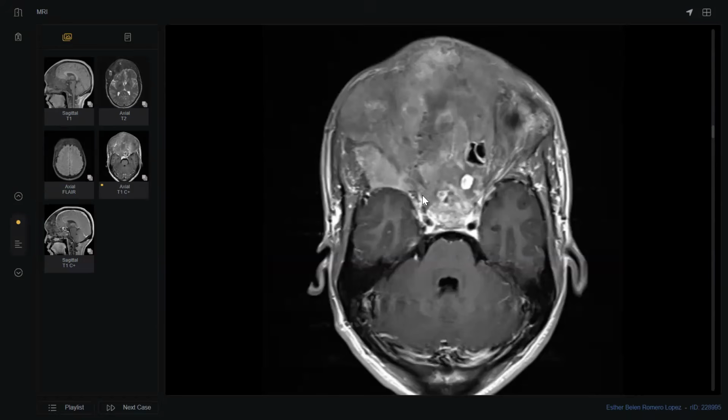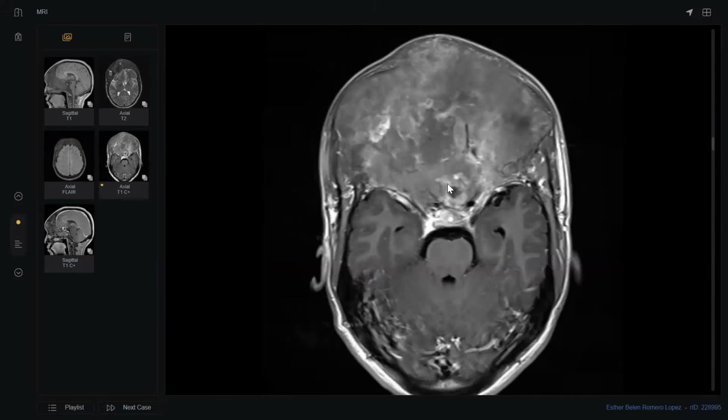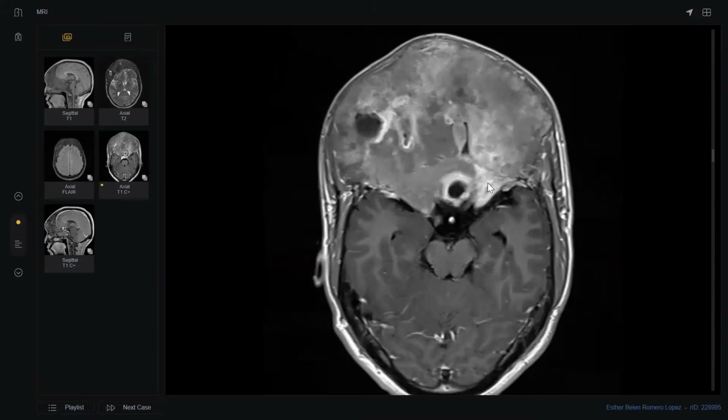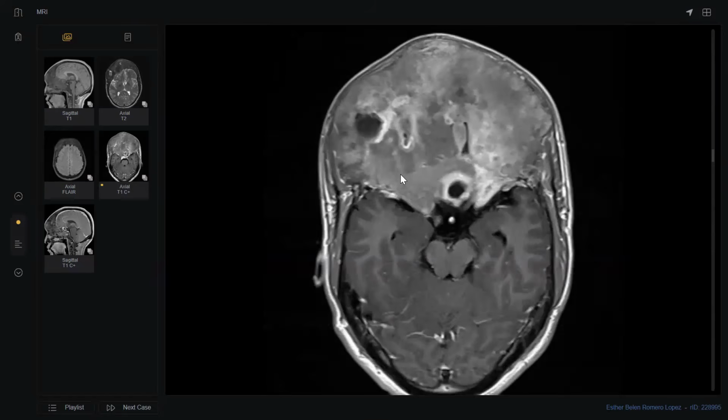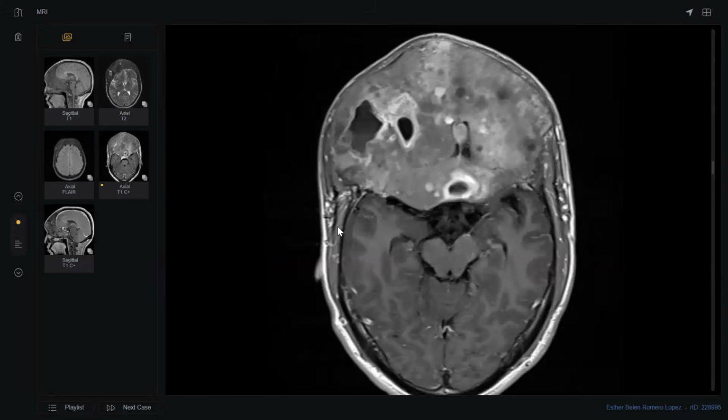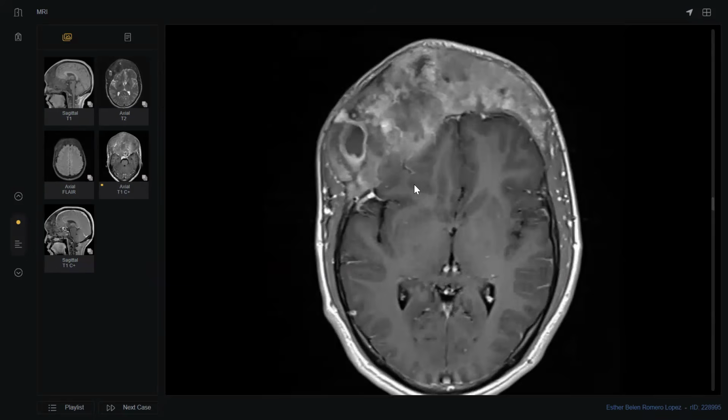However, the middle and superior nasal turbinates are included in this expansile lesion. It shows intermediate to high T1 signal intensity, I'm sorry, this is not T2, and some areas of high contrast uptake. I can't really identify the optic canal or the orbit.